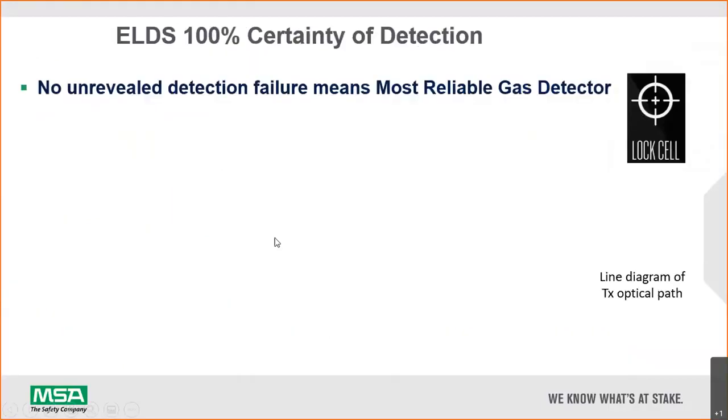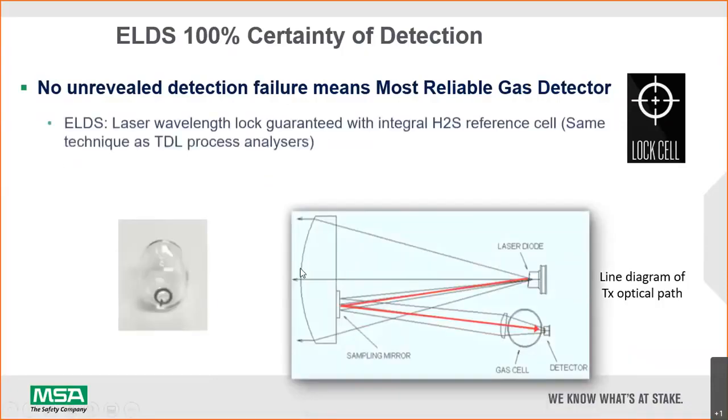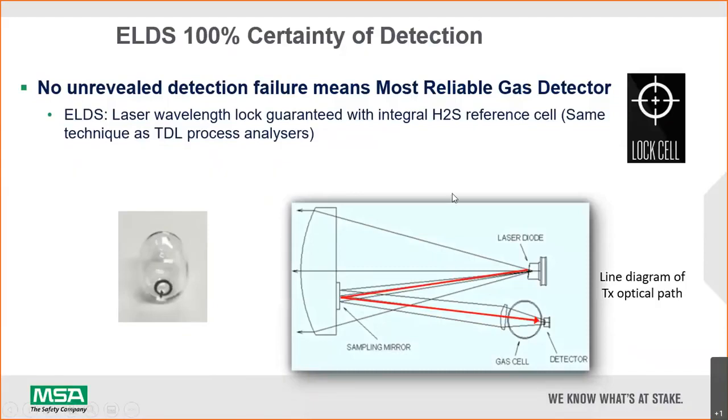Now, when we say that ELDS gives 100% certainty, that if there is any leak, it will be detected, how do we ensure that it is a 100% reliable gas detector? Because we use the technology called laser, and the laser, being a semiconductor device, has its own property: it has its own drift with usage and age.